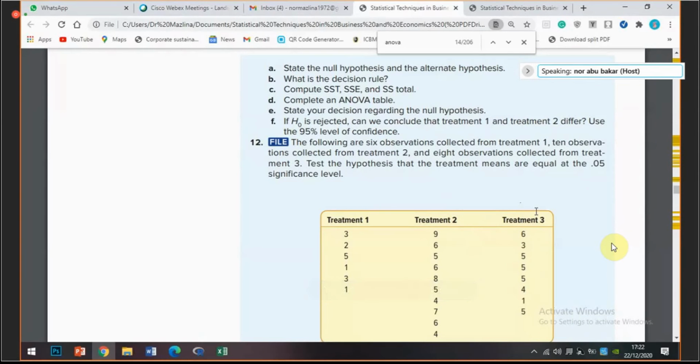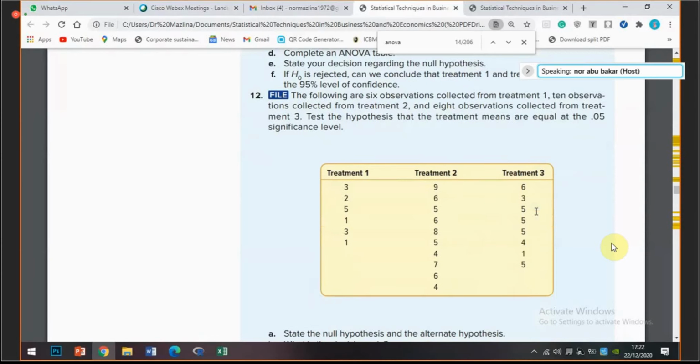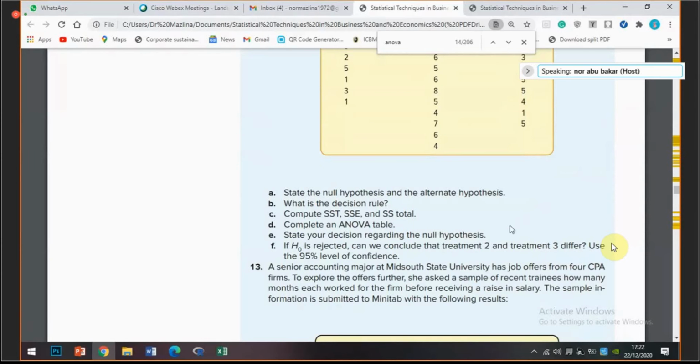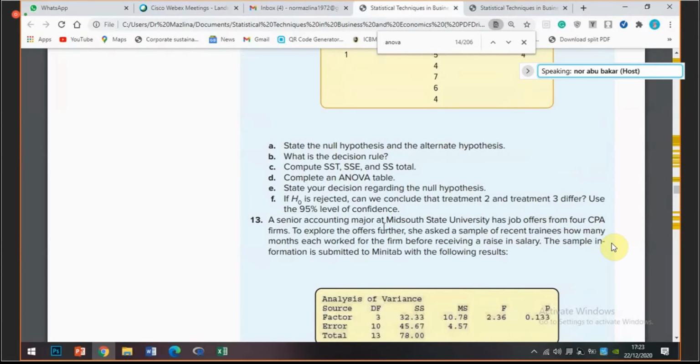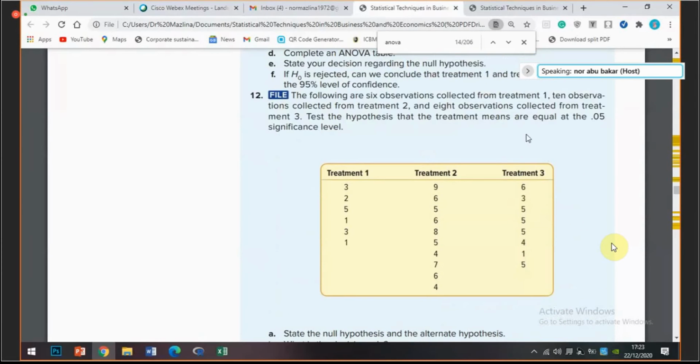And then we would like to test whether the means are equal at 0.05 level of significance. When we say testing at 0.05 significance level, it means that if you have the P, the probability.